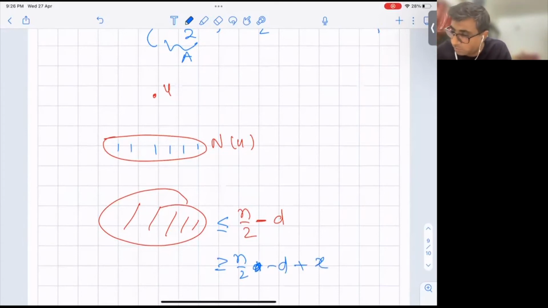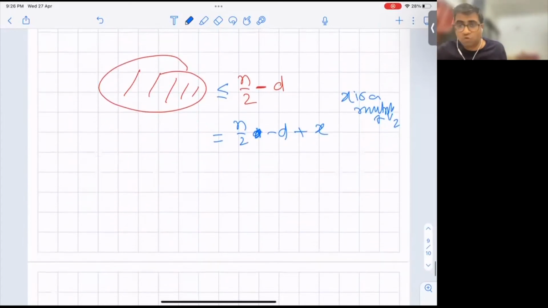This is equal to, say, this, right? And x is some multiple of half. What is x? X is some multiple of half. Suppose this is this. At least this much is this. All of you people agree with me.